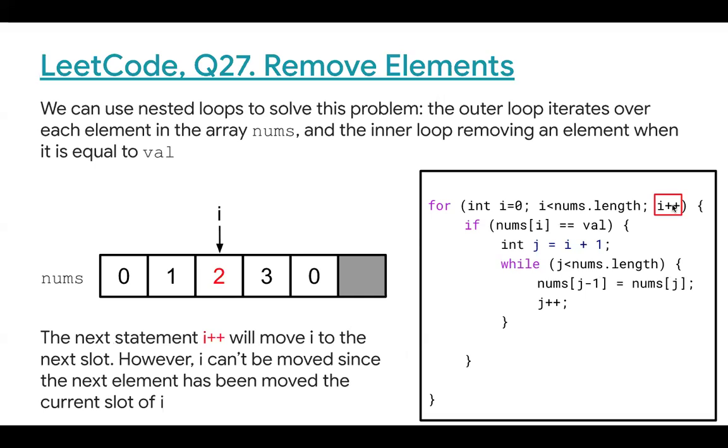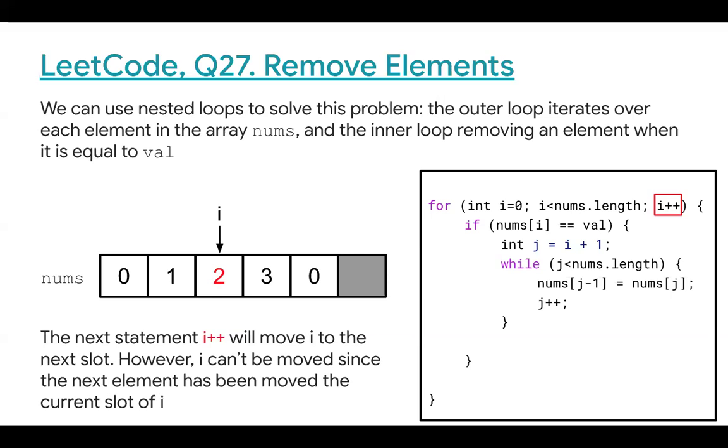Now I want to draw your attention to the position of the pointer i, which now points to the third position in this array before we run i++. Then I hope you can see there is a problem.